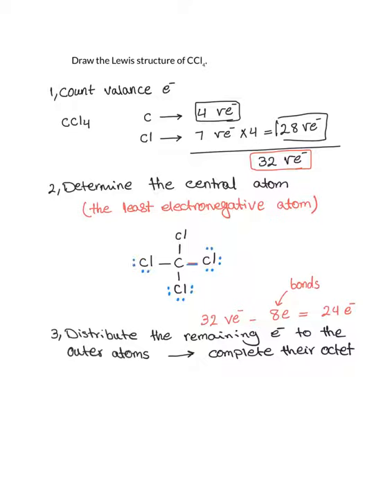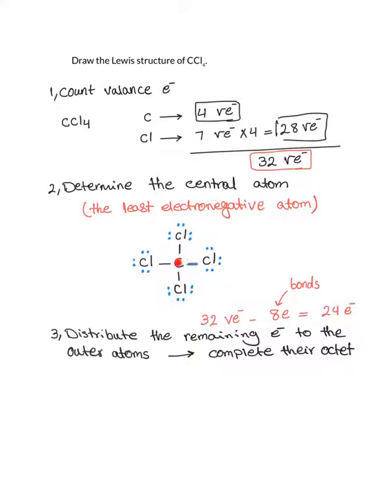14, 16, 18, 20, 22, 24. So I used all 24 remaining electrons, and I made all the chlorines octet.